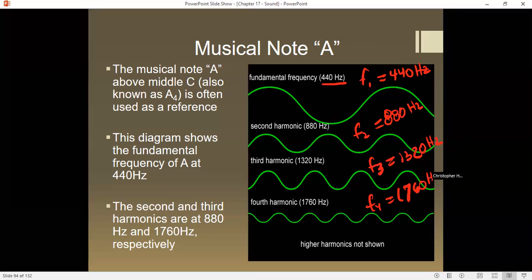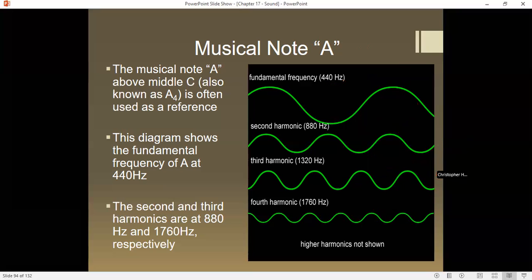1760 hertz. So any musical instrument playing this A4 is going to have these different harmonics. But why would a clarinet sound different from a guitar, which would sound different from a trumpet playing the same note? Well, the intensity of each of these harmonics will be different for these different instruments.